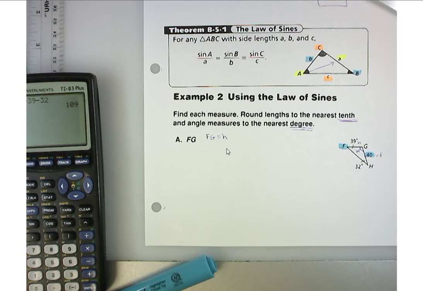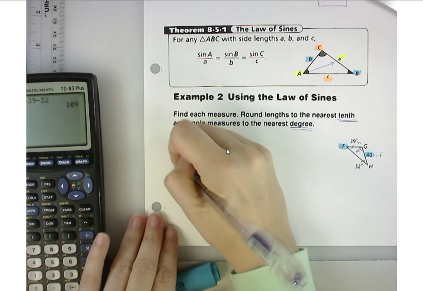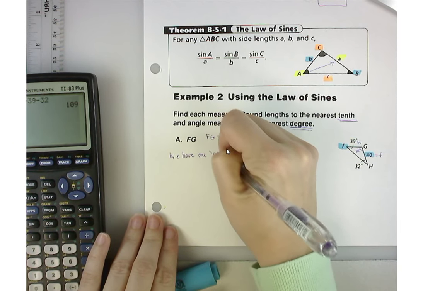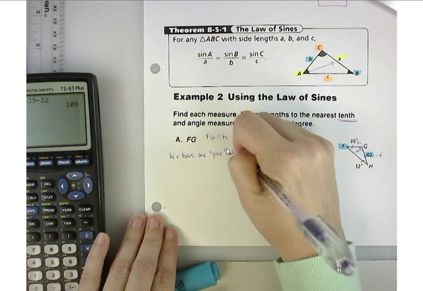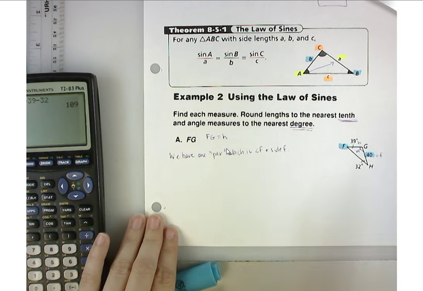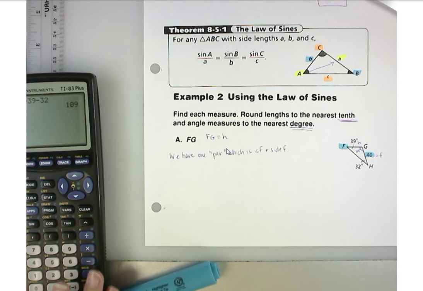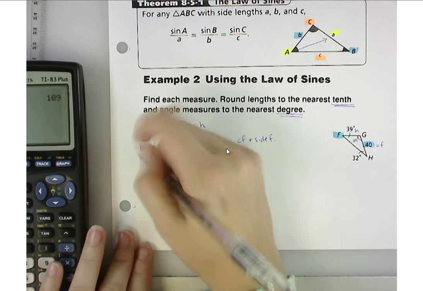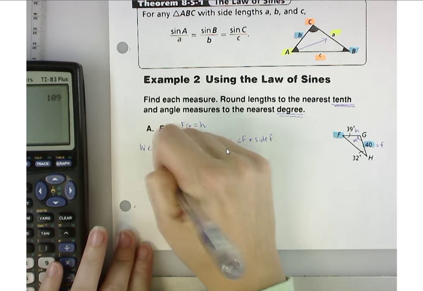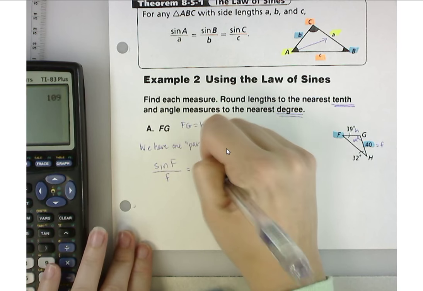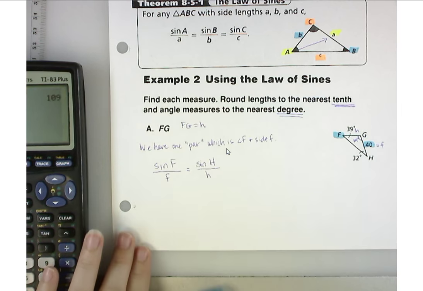So what I want to do is set up my law of sines. I think of this as we have one pair, which is angle F and side F. Then I can set up my law of sines: the sine of F over the side F equals the sine of H over little h.